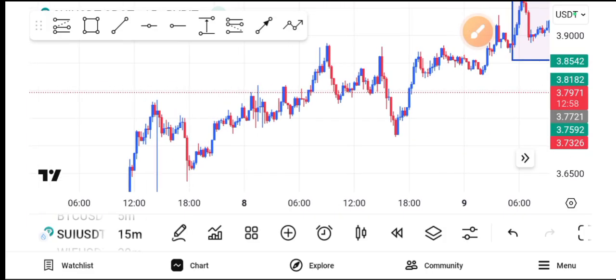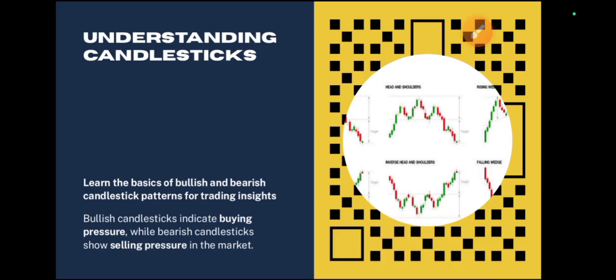All right, I believe by now you have understood the bullish and bearish candlestick patterns for trading. Others you're going to get, and during our other sessions you're going to learn more about candlesticks, because that is not all. A bullish candlestick indicates buy pressure.